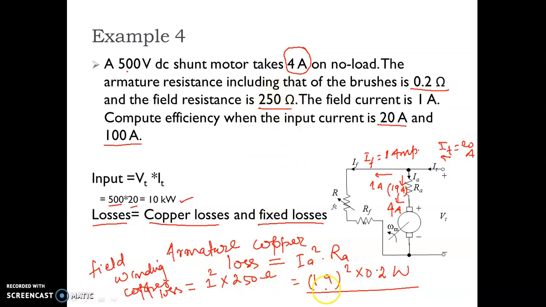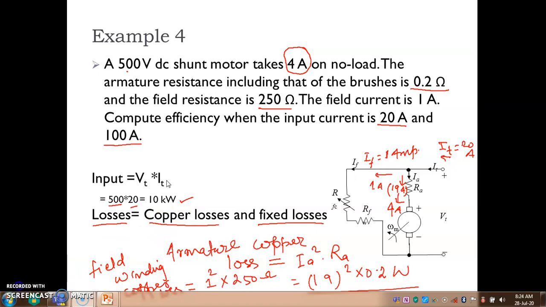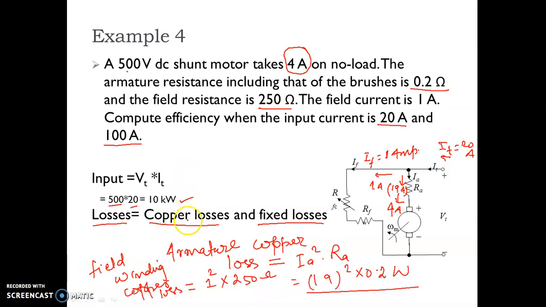So these two are the variable losses that a motor is taking during the running condition. We have calculated variable loss, means copper loss in the armature of the machine and in the field winding.